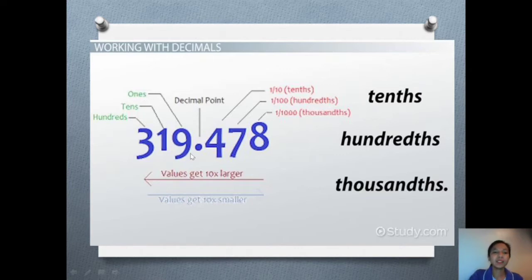Next, the second number from the decimal point, which is 1 here, the place value is tens, spelled TENS.